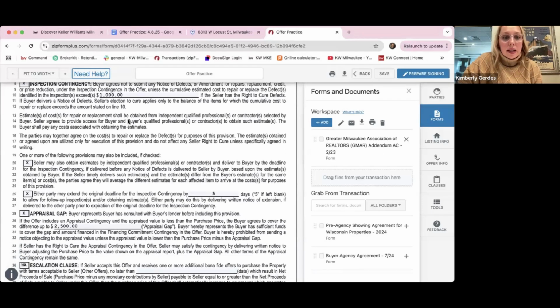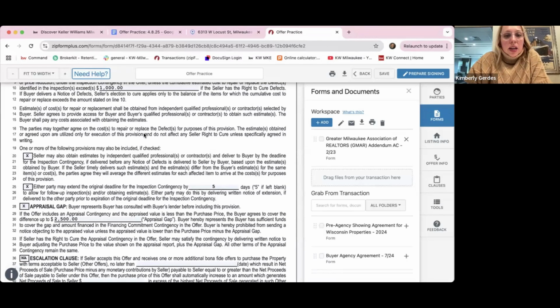So estimates to repair things need to be received by qualified independent professionals. This also indicates that the buyer is responsible for paying any costs that might be necessary to get the estimate. Some companies are now charging for estimates.